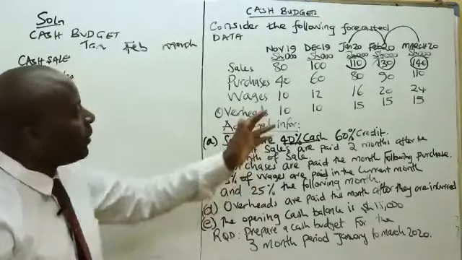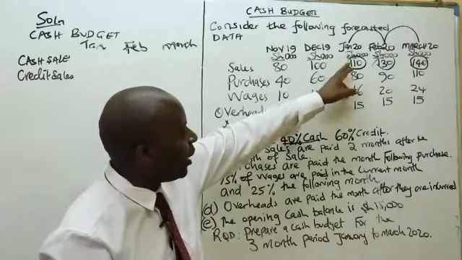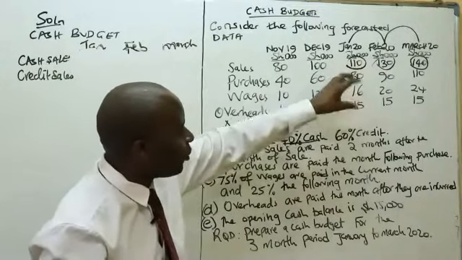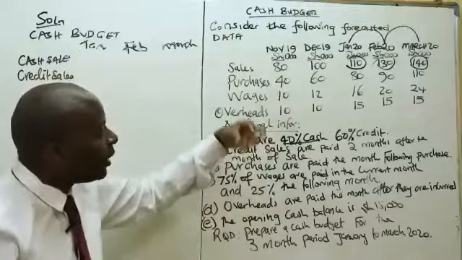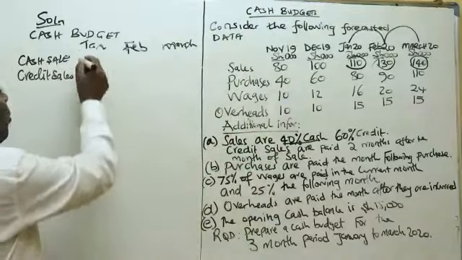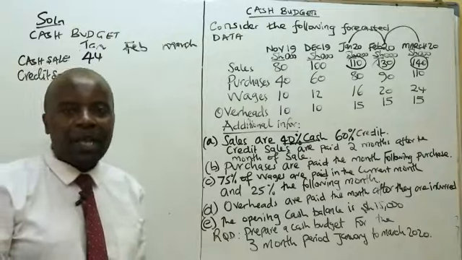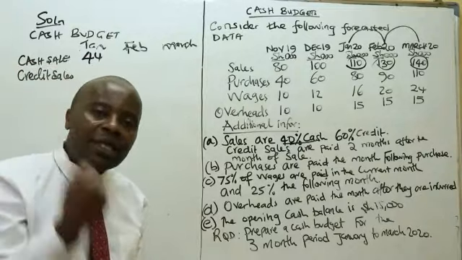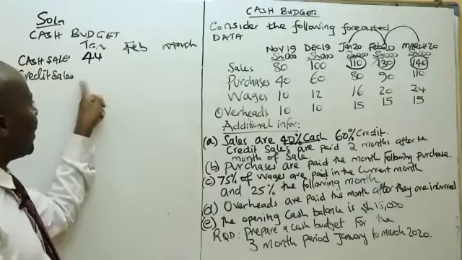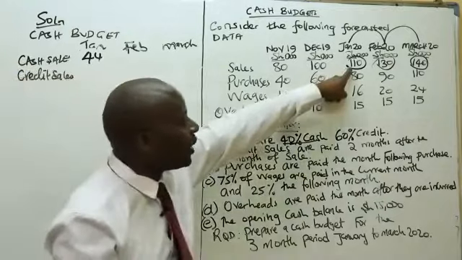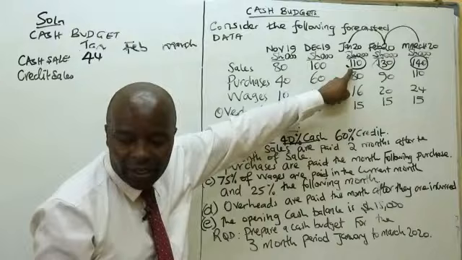It's 44. So when am I going to receive these 44 shillings? Remember, this was a sale over January, and the 40% of 110, which is 44, is cash. So cash means within that month. I'll book this one under January, 44. And then the 60% will fall under credit. 60% of 110 will be 66.